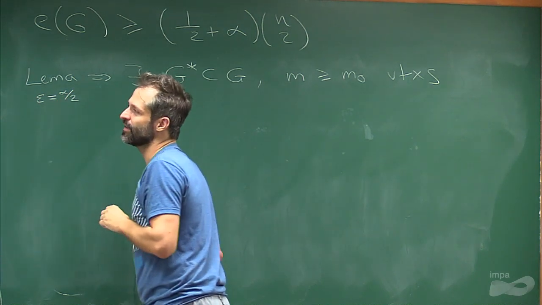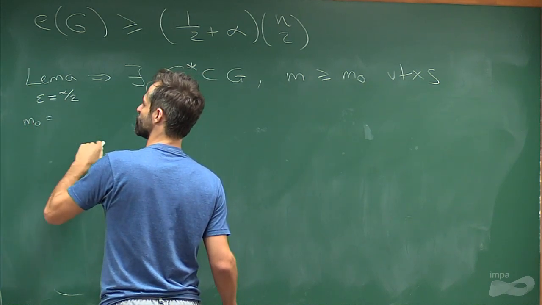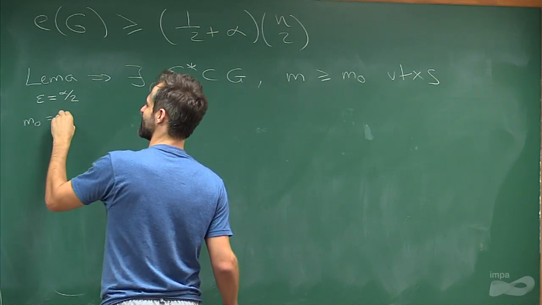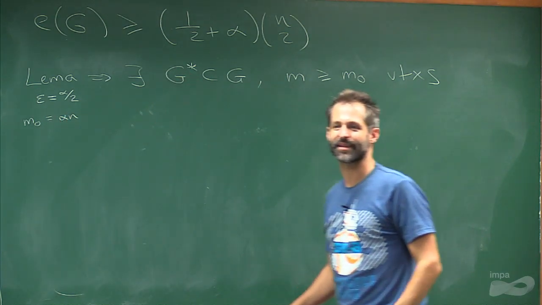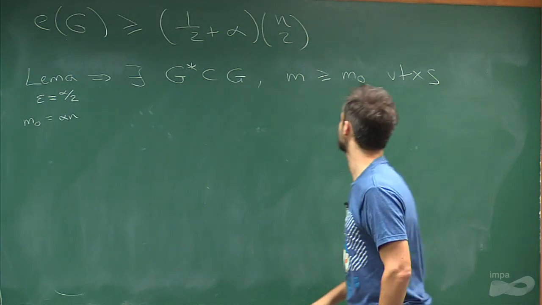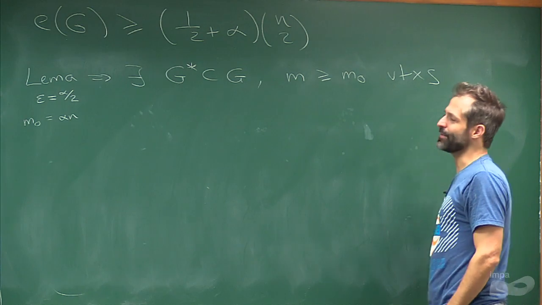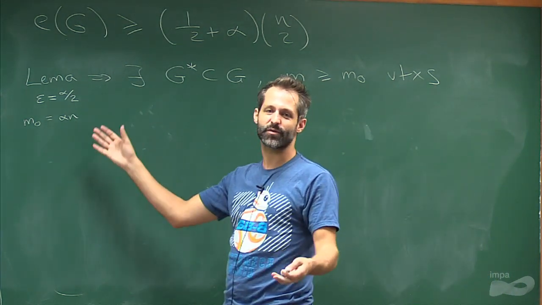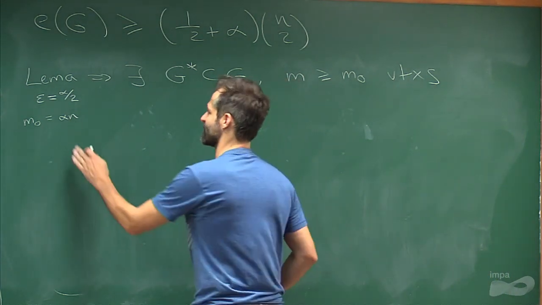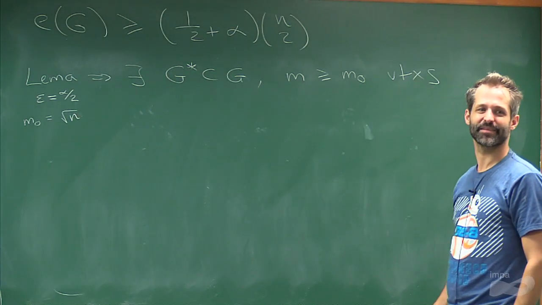And then m0 should be, I don't know, alpha times n or something. Whatever. So m0 is some small constant times n, so it's got lots of vertices. I mean, we could take m0 to be square root of n if we want to. Maybe I'll do that just to make it really obvious that nothing is happening.